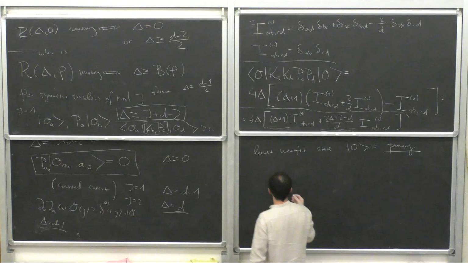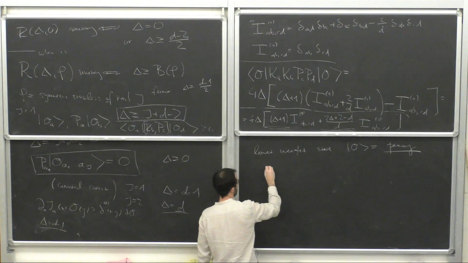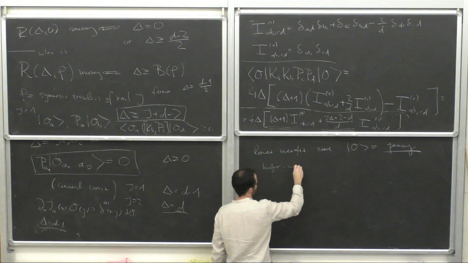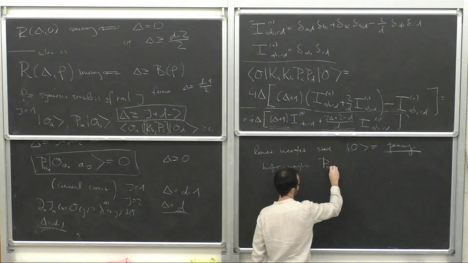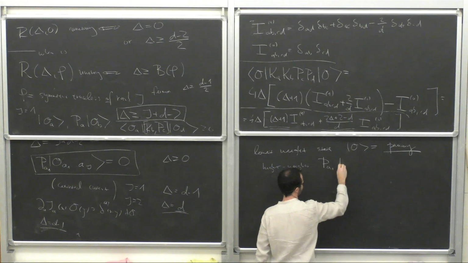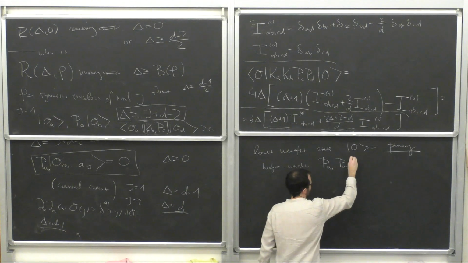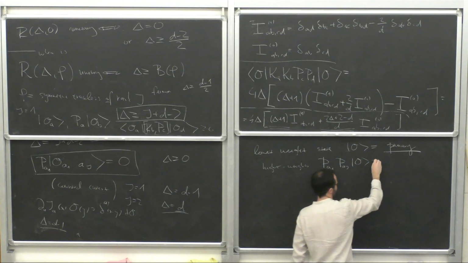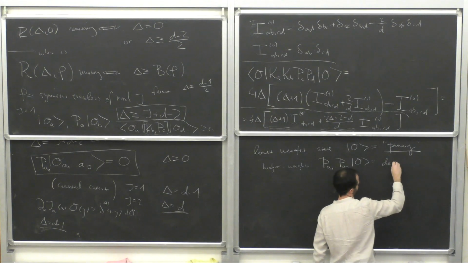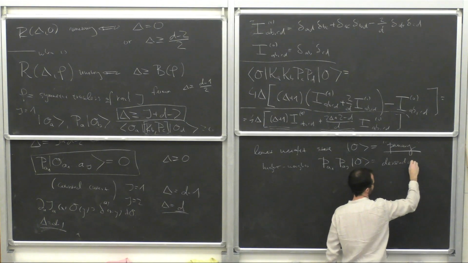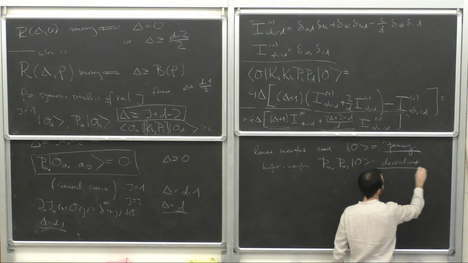That's just the name. The higher weight states, obtained with some finite number of momenta, are called descendants, for kind of obvious reasons. They are descendants of the primary.